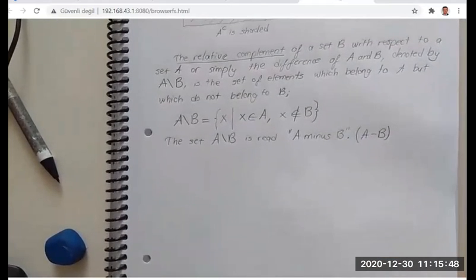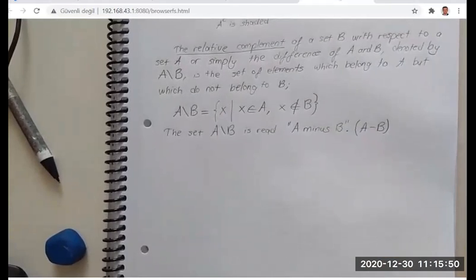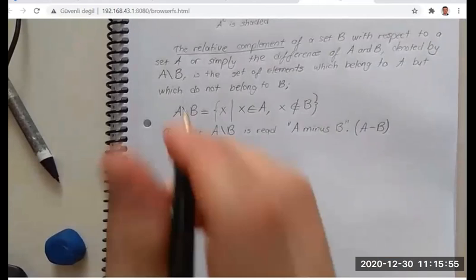Okay, there's the symmetric difference, the last one in that title.